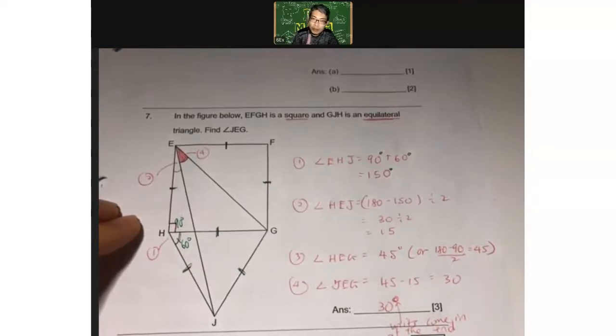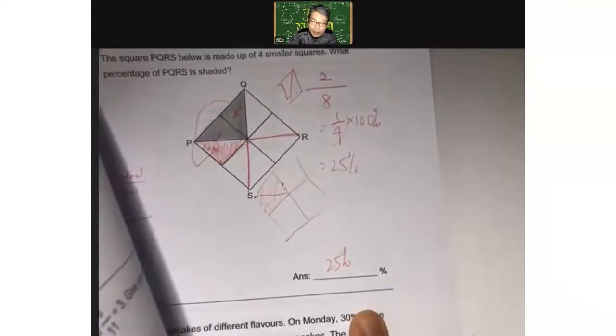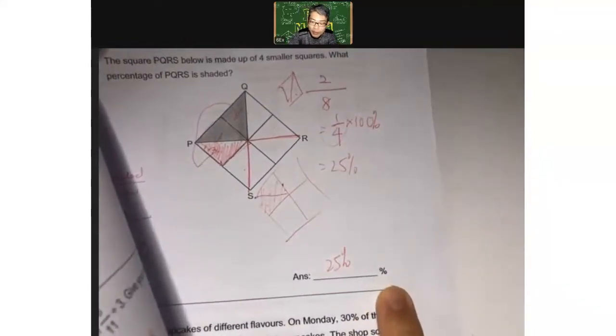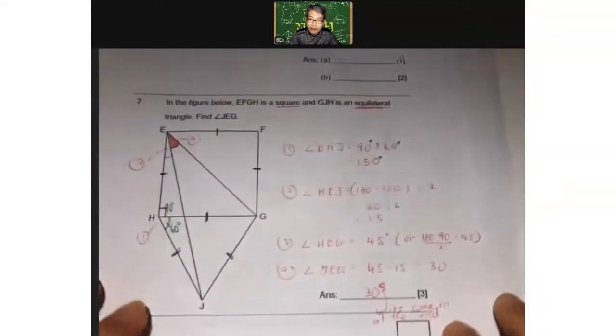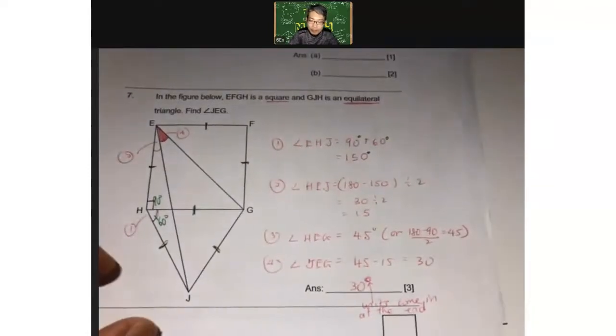Whereas in paper 1, the answer portion, they actually will give you the units in the blank. So don't get into the habit of thinking, oh, this will always be printed for me. That will not be the case for paper 2 questions. You've got to write the units yourself. Otherwise, you'll lose your answer mark.